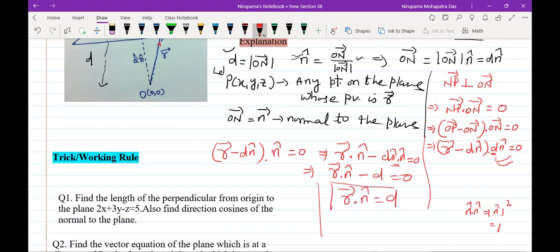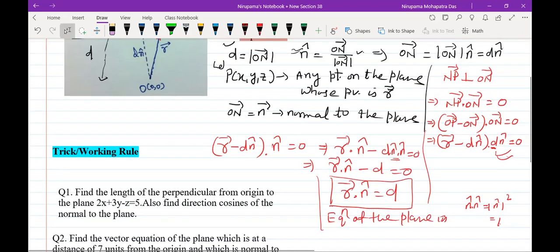So this is the equation of the plane in normal form. Of course, this is our vector equation.